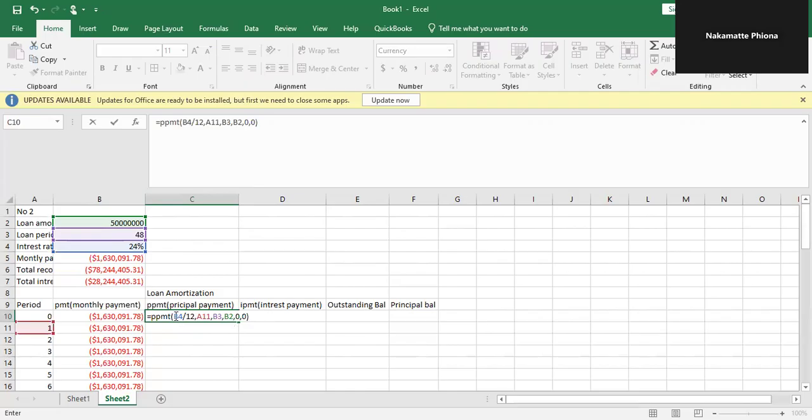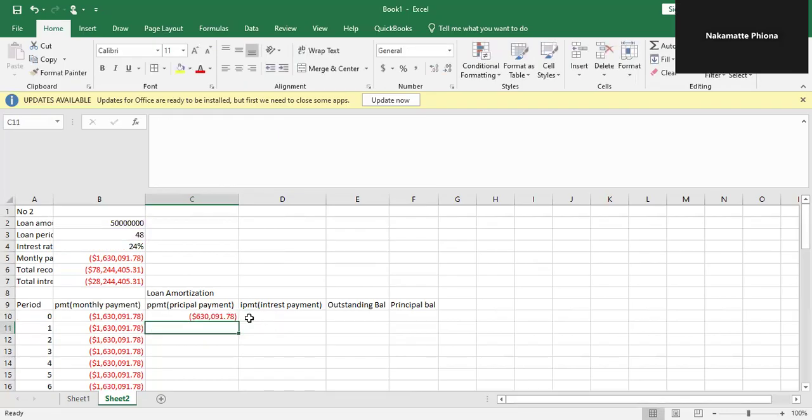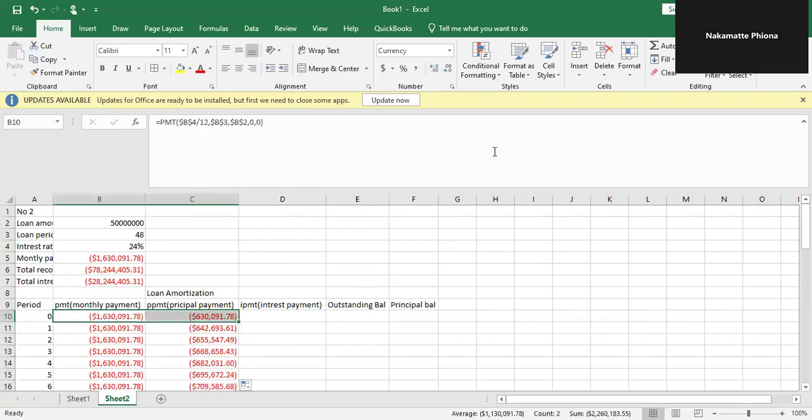We're going to lock using the dollar sign. And then touch 0.